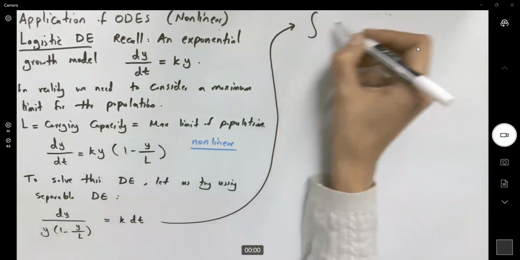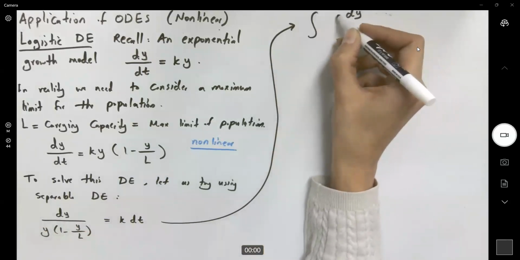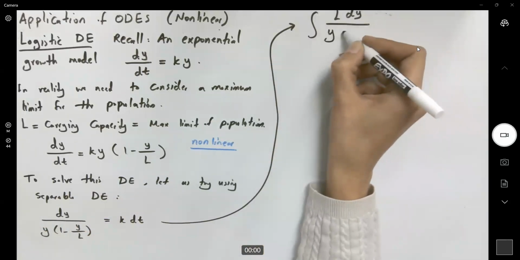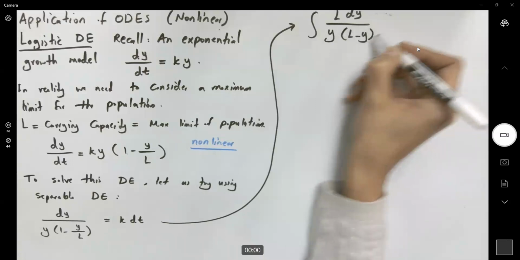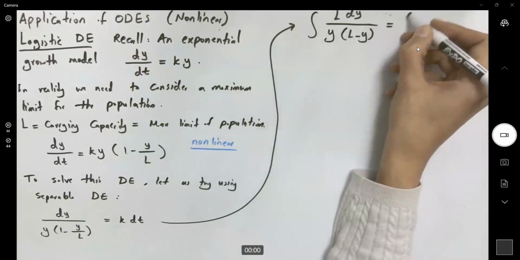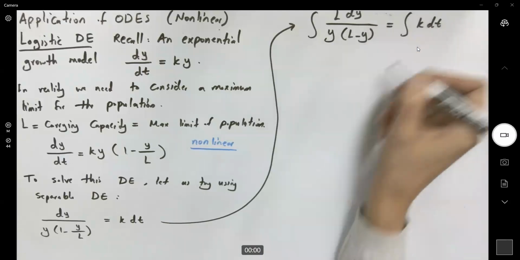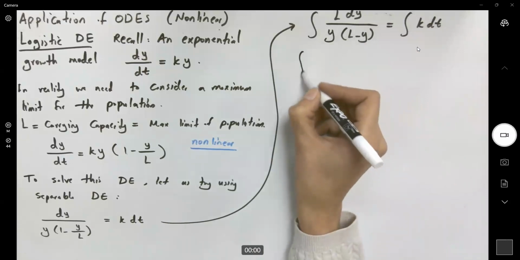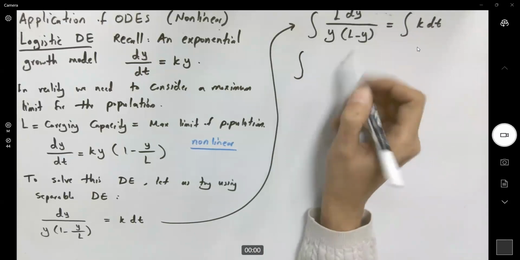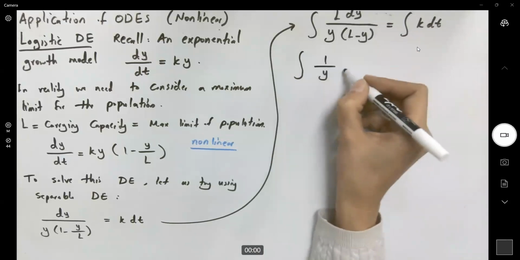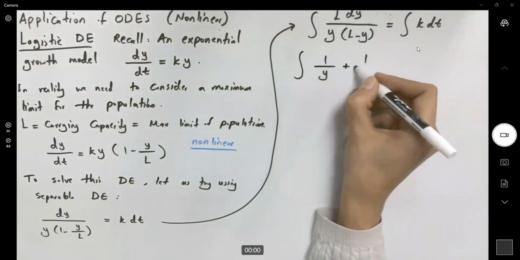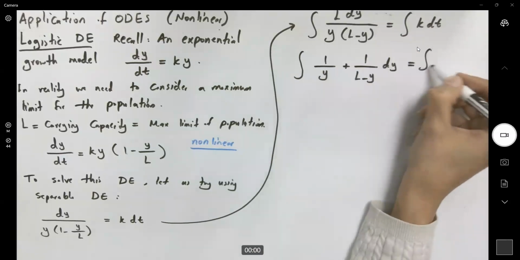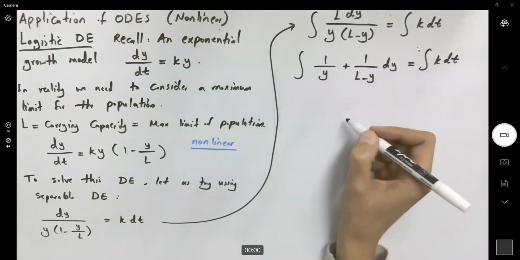The integral of dy times L divided by y times (L minus y) is equal to the integral of k dt. This becomes, using partial fractions, the integral of (1 over y plus 1 over L minus y) dy equals the integral of k dt.